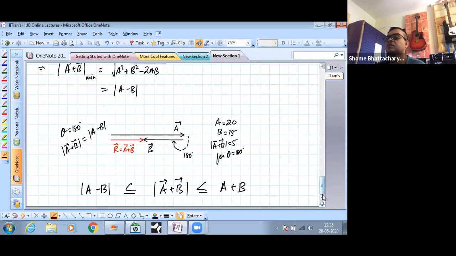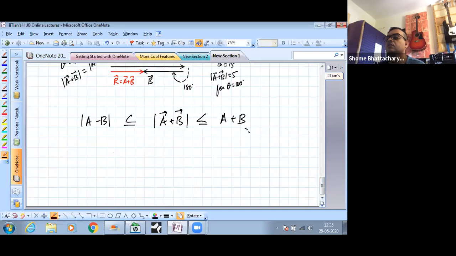But this maximum value occurs for theta equal to 0 degrees, in the case of parallel vectors, and this minimum value occurs for theta equal to 180 degrees. That is, they are what we call anti-parallel vectors, or opposite.